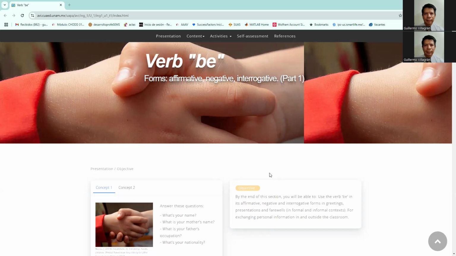Well, now we are going to check a concept of the verb be in the form of affirmative, negative, and interrogative.